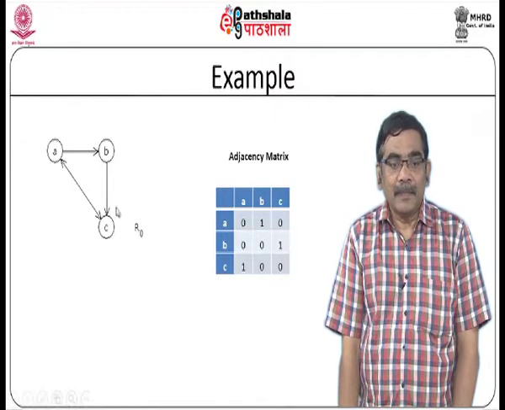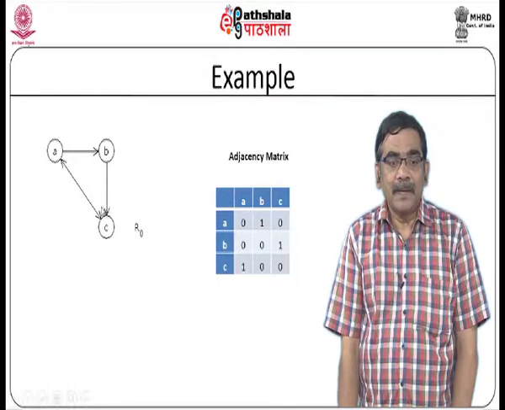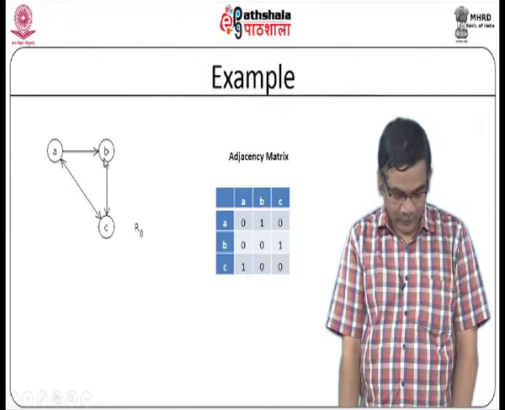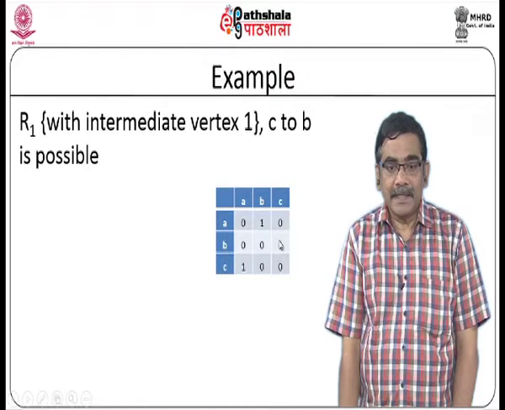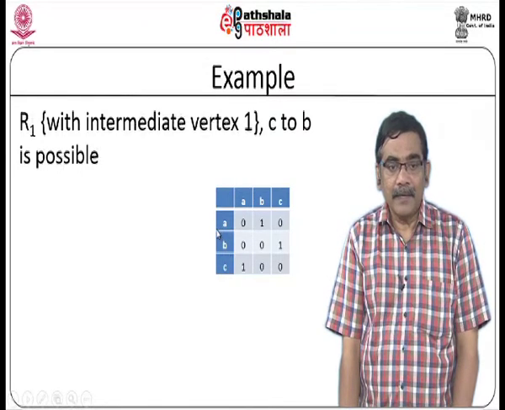Now, the path from C to B, which was not possible earlier, suddenly becomes a possibility, because from C I can go to A, that is numbered 1, and from this I can reach B. So, you can see that things have changed now.